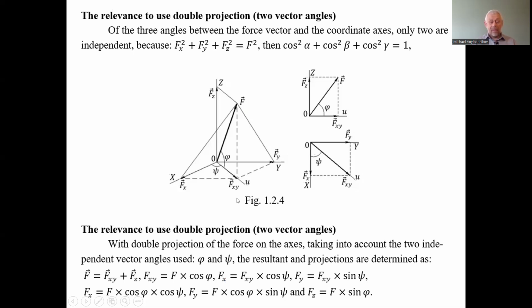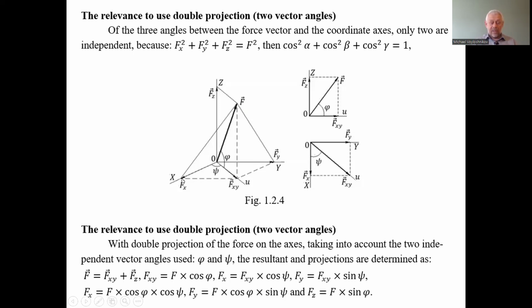And next, another projection, on the axis y, we can find from the force projected on the horizontal plane, the Fxy projection, and next we use the sine function of the angle psi. So the Fy projection is equal to the product of the magnitude of force by cosine phi, and then by sine psi.